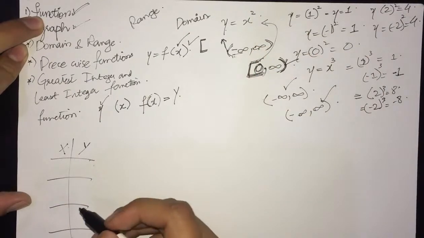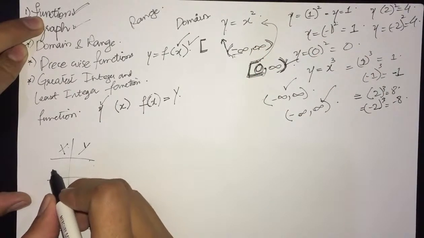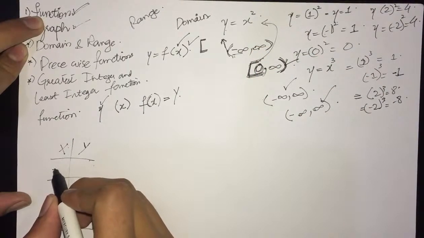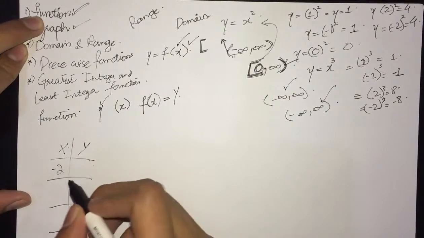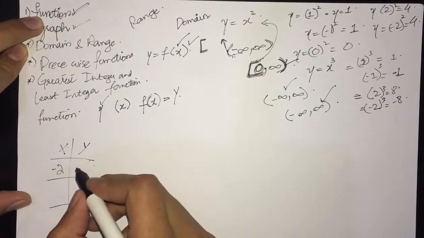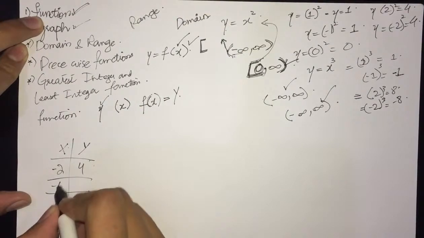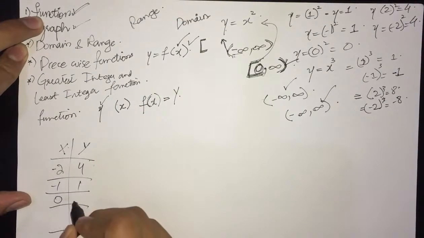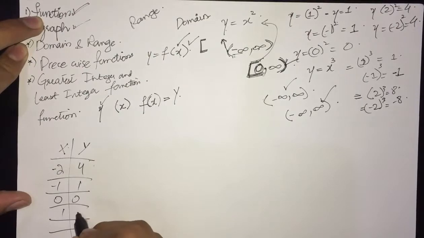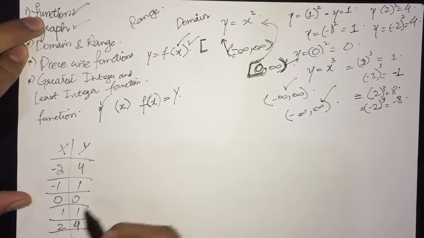So for y equals x squared, let's start from minus 2. When I put minus 2, it gives me 4. When I input minus 1, it gives me 1; 0 gives 0; 1 gives 1; and 2 gives 4.